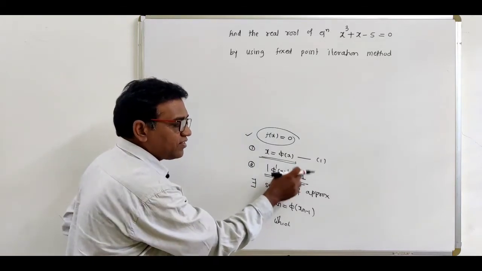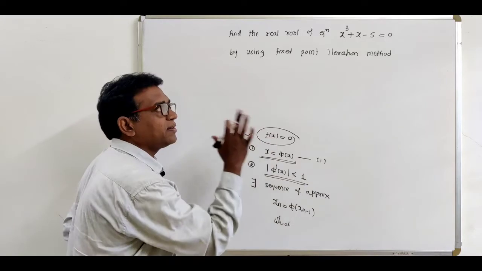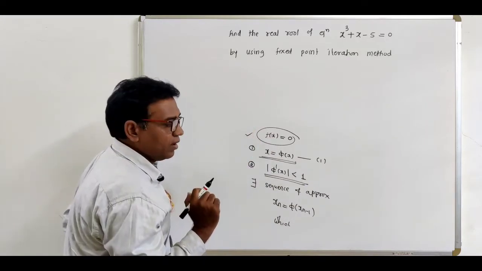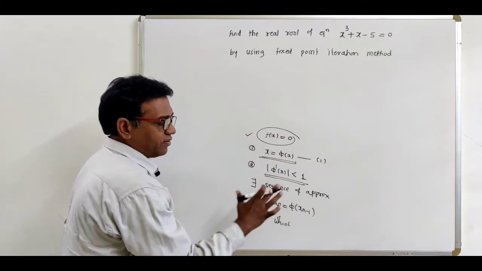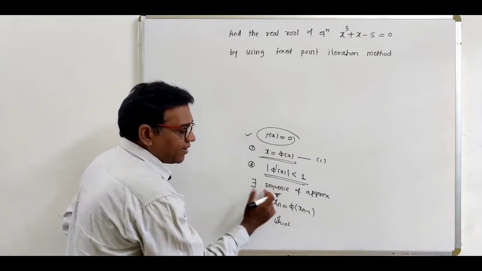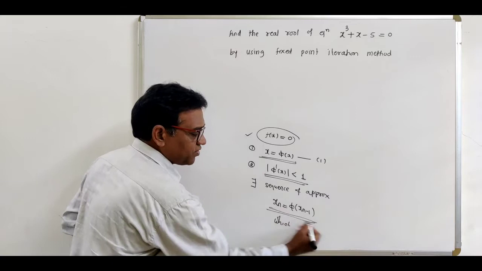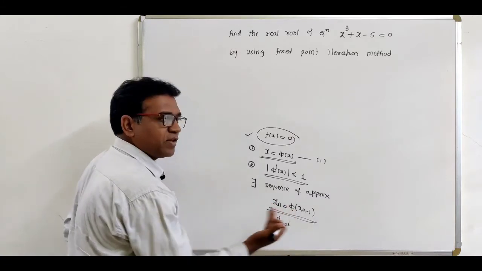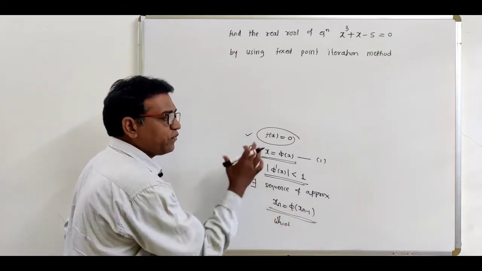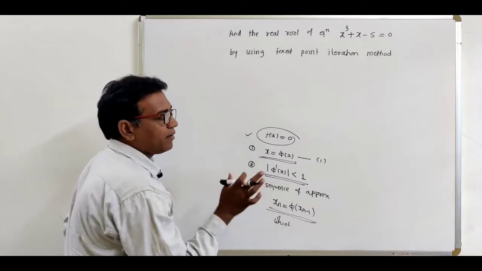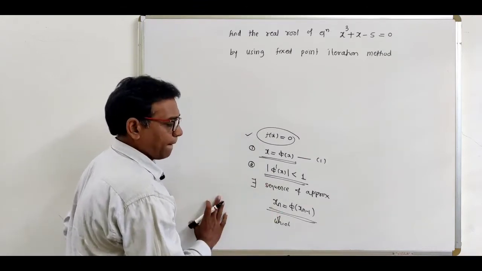If this derivative is greater than 1, that means we cannot apply this iteration method. So according to this working rule, there exists a sequence of approximations x_n = φ(x_{n-1}), which converges to a fixed point, and that will be a real root of this equation.